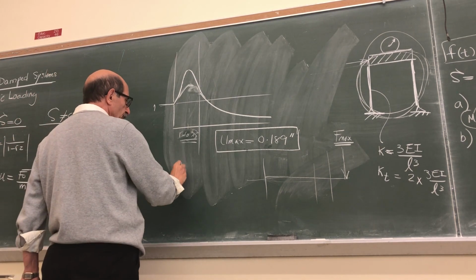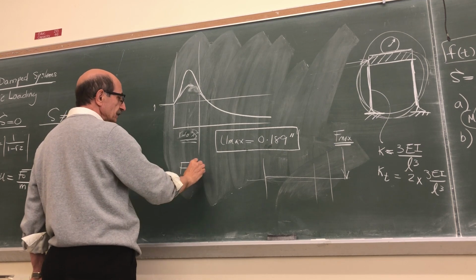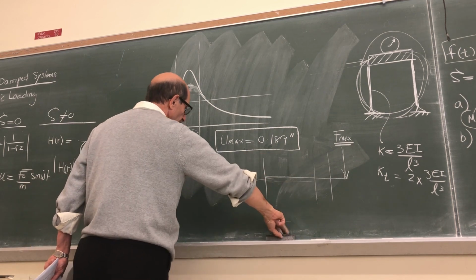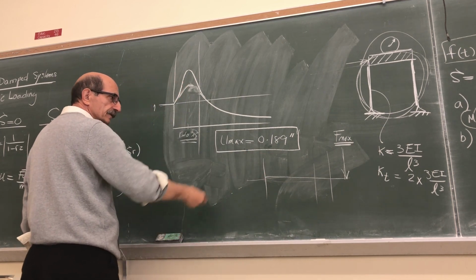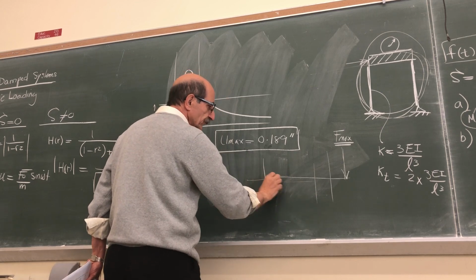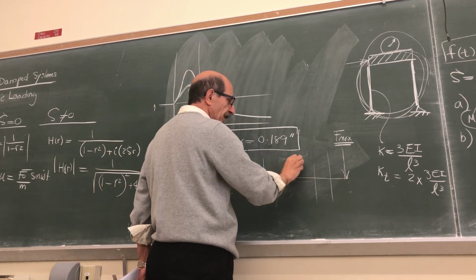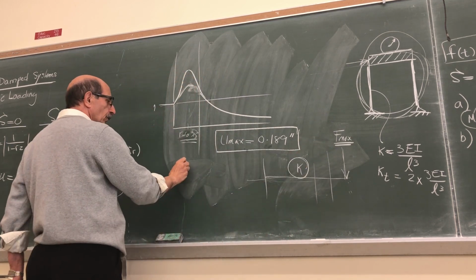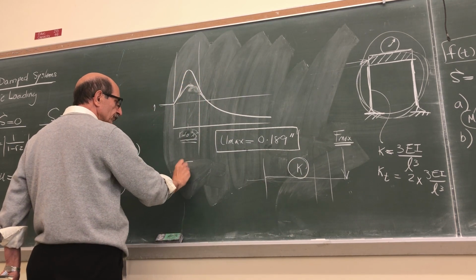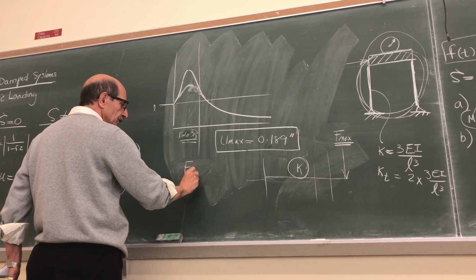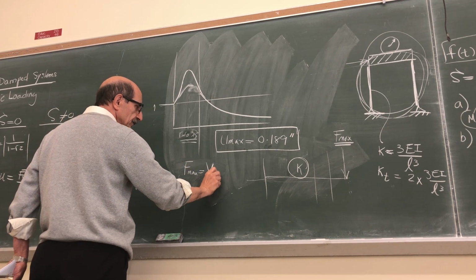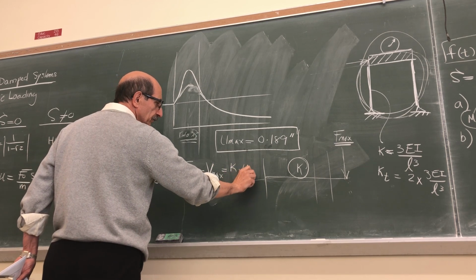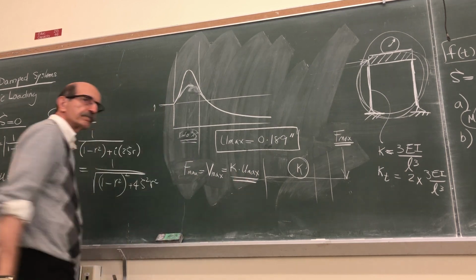So this force, which is basically K, in other words, the force that you're looking for, is the one that causes this displacement, and that's the maximum force, which is the shear max in the beam. It is what? K times U max, right?